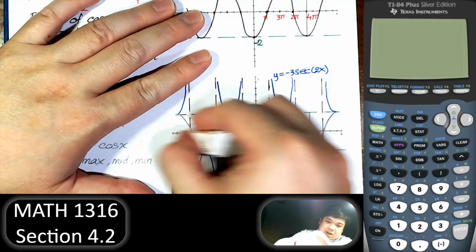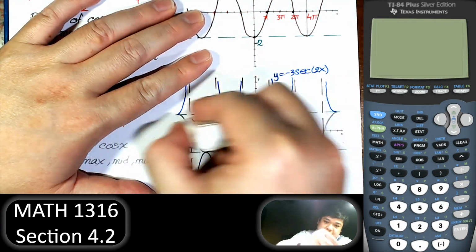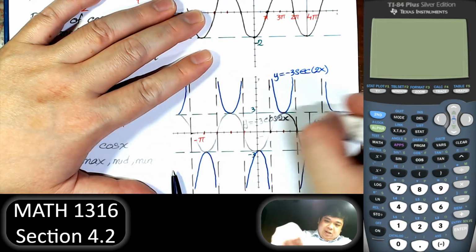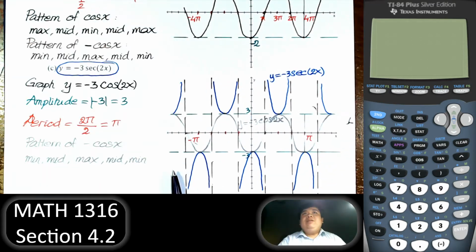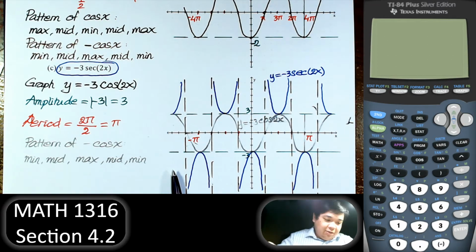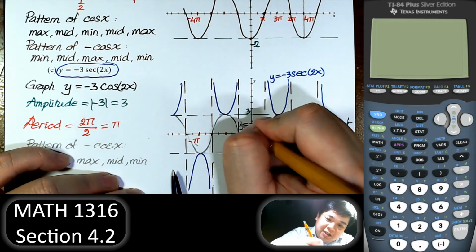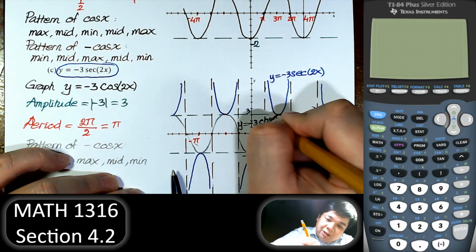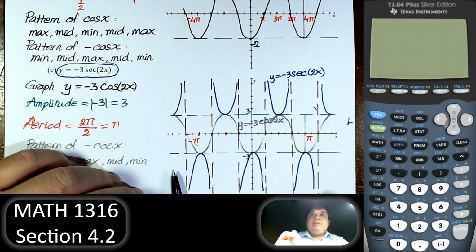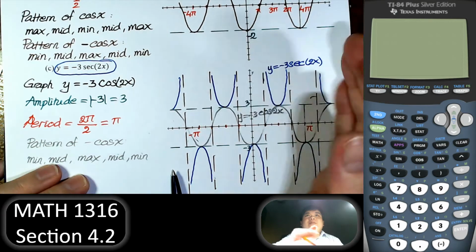Then we can just erase the partial graph in the middle. So that's what we have.